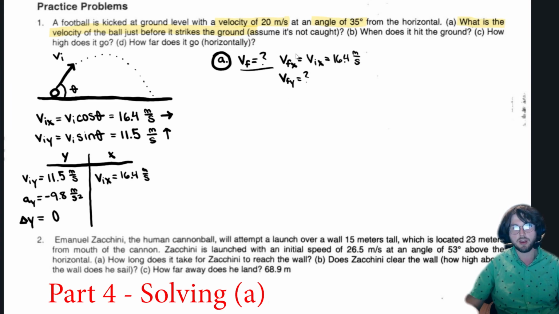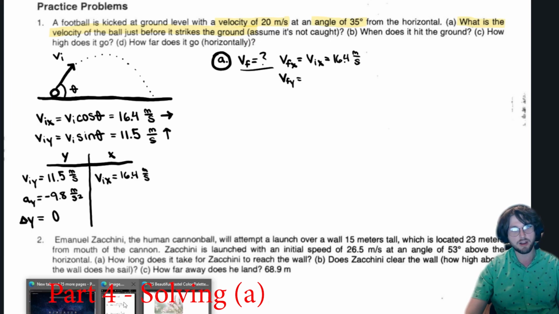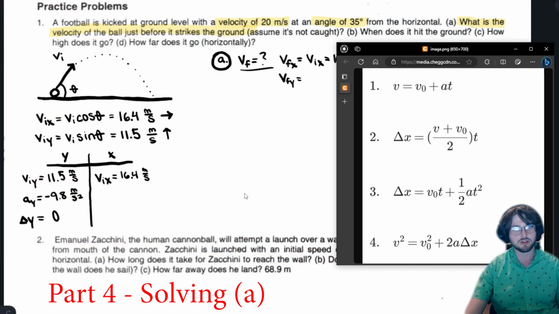All right. And then for v of y, we are going to have to do a little bit more math here. So we have our information and we're looking for final velocity. So we should have final velocity, initial velocity, acceleration, and delta y. So whichever equation doesn't involve time is the one we can take advantage of here. So it's looking like equation 4 is going to work best for that.